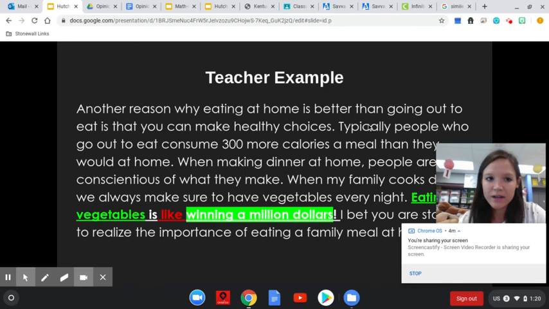So right here we have the third paragraph in our writing piece, and I'm going to show you where we added a little bit of figurative language to make it more interesting.